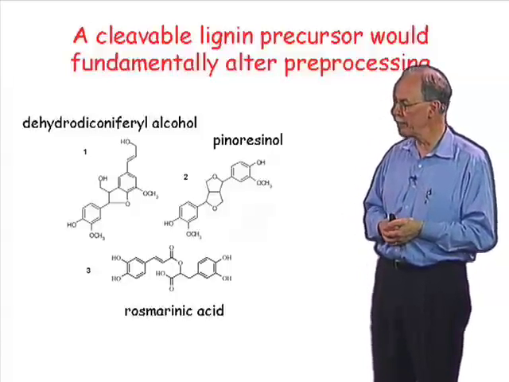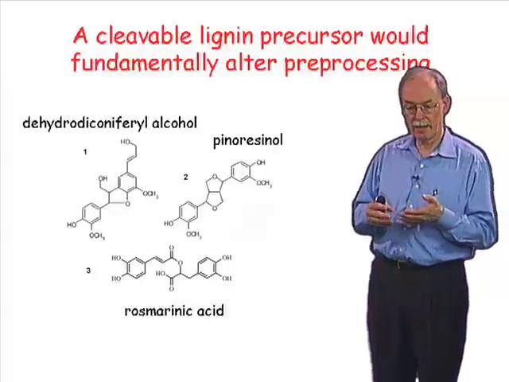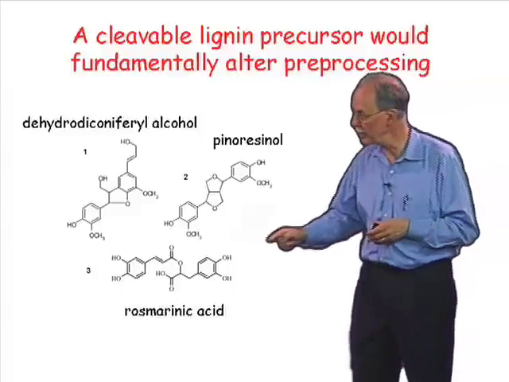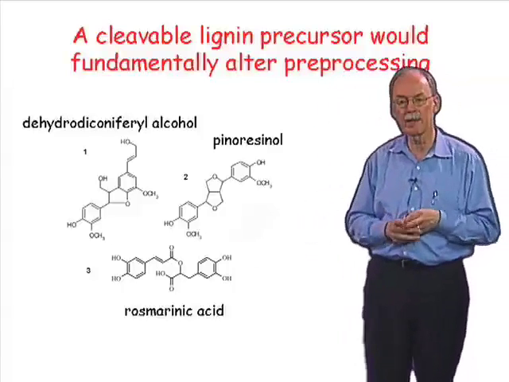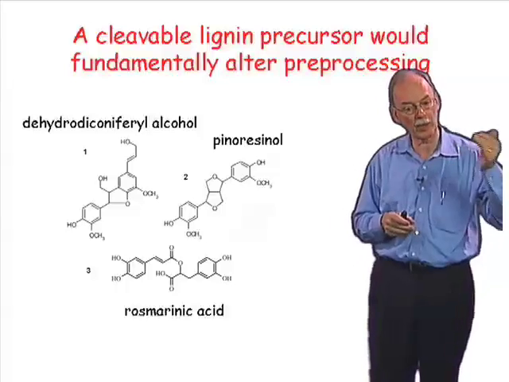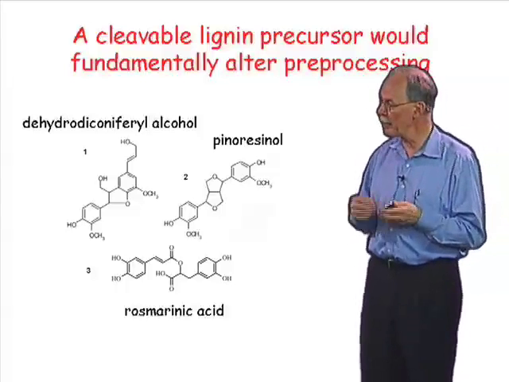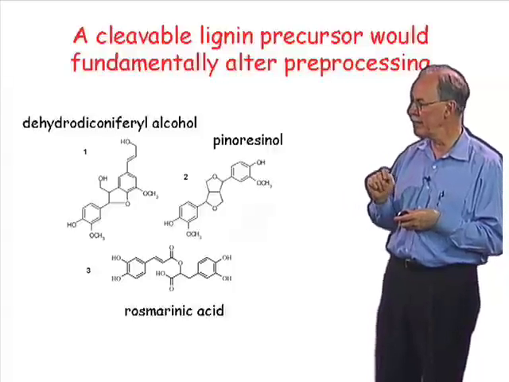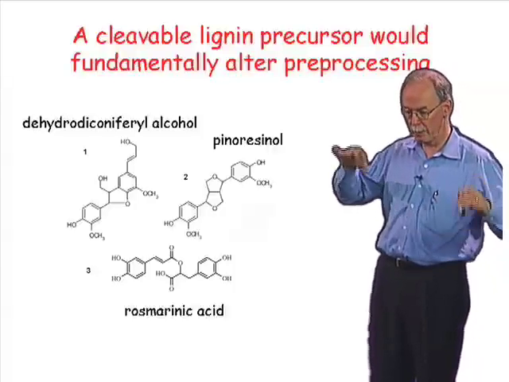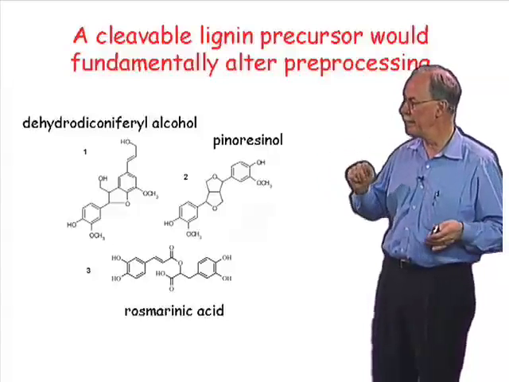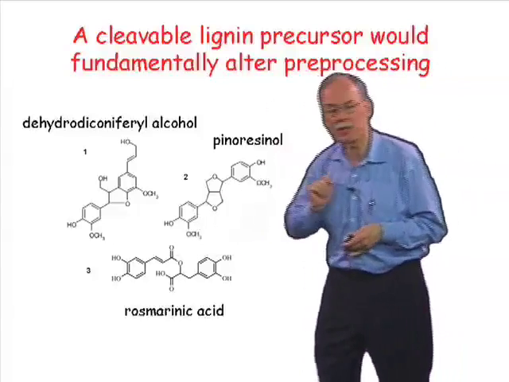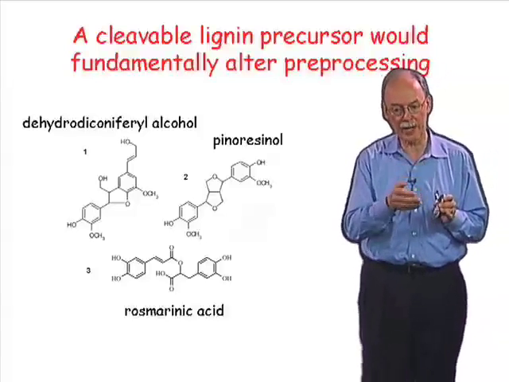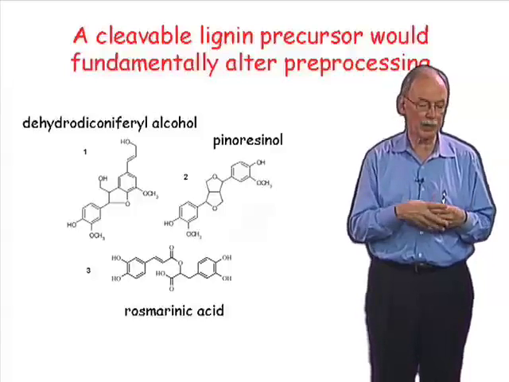So we think there's a possibility that we could develop plants that produce other related types of molecules, such as this molecule here called rosmarinic acid. It's made by many plants, but it's not secreted into the cell wall. And the nice thing about rosmarinic acid is it looks a lot like pinoresinol, in that it's got a pair of phenyl groups with hydroxyls, but it has an ester linkage, and that ester linkage is readily cleavable, both enzymatically or by simple chemical treatments.